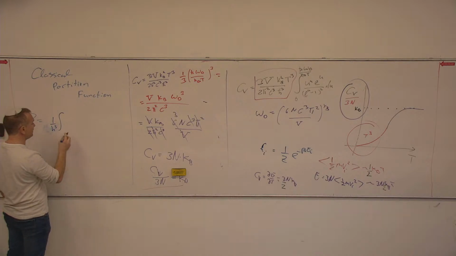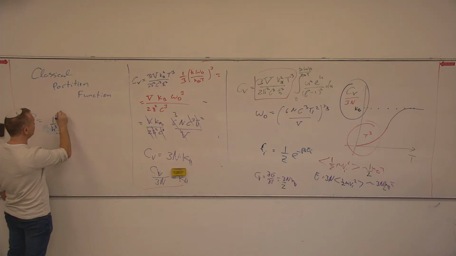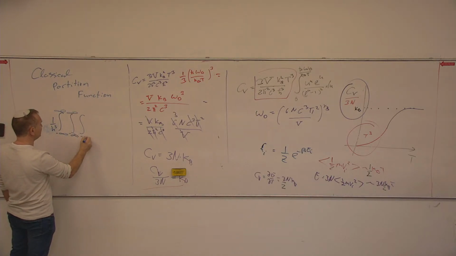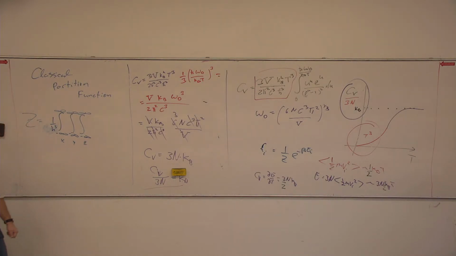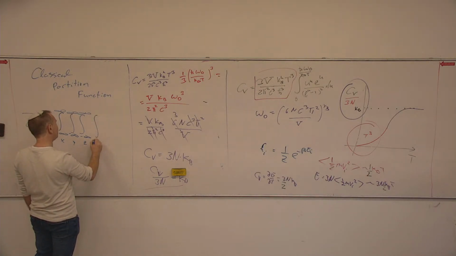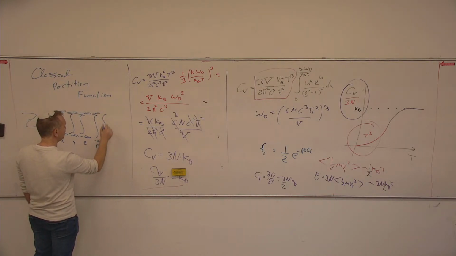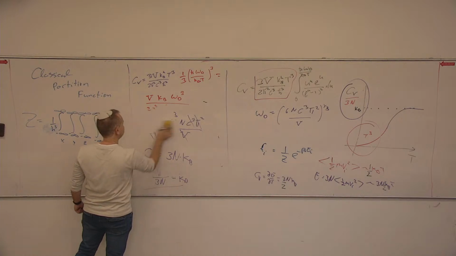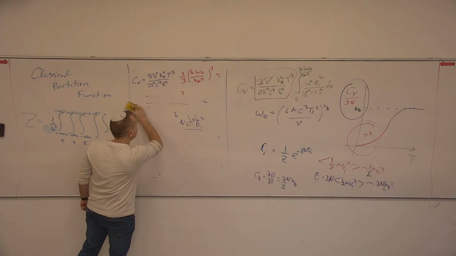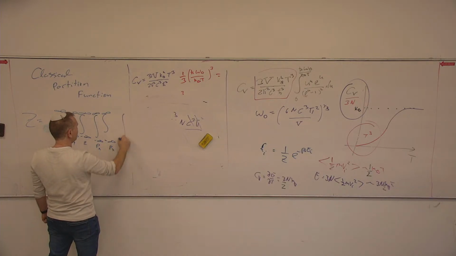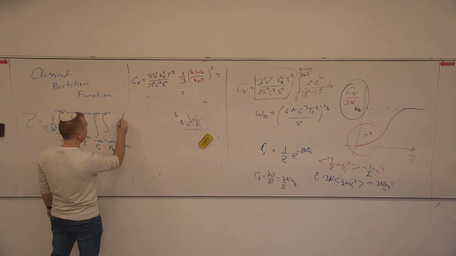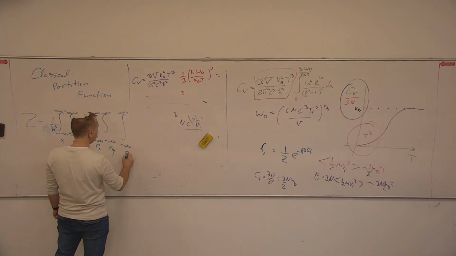And I have an integral from minus infinity to infinity, minus infinity to infinity, minus infinity to infinity. This is x and y and z. And I have again minus infinity to infinity over px, py, sorry, and pz.